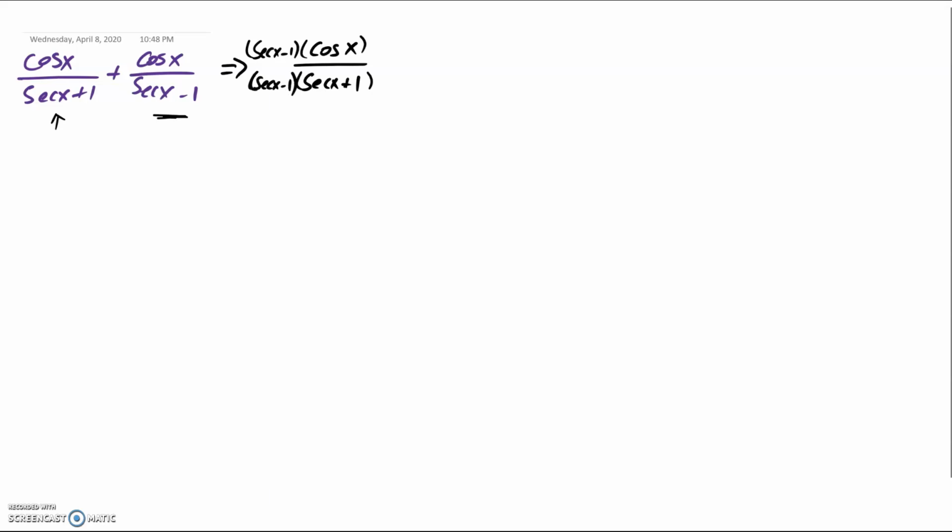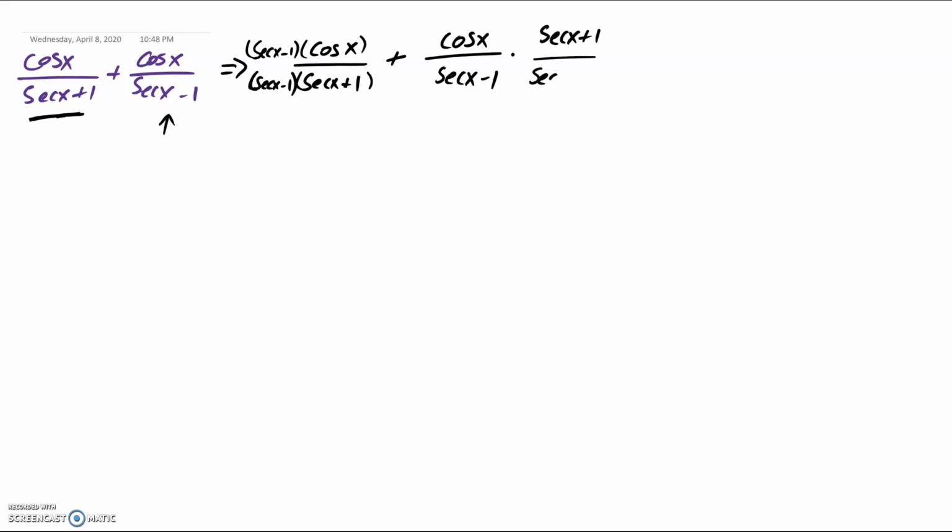Okay, and now for this term, I am going to multiply by this denominator as well. We have cos x over secant x minus 1, and I will multiply with secant x plus 1 over secant x plus 1. Okay, now let's simplify this.